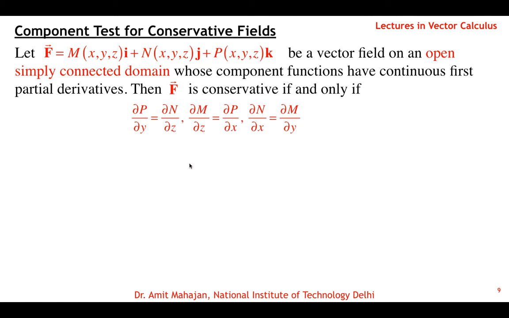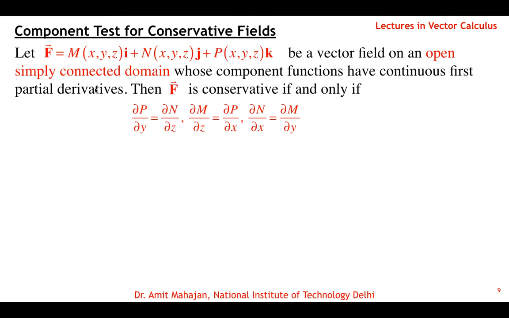The proof of this is simple. If the field is conservative, we know it can be written as the gradient of a function, that is, the partial derivative of some scalar function with x i cap plus the partial derivative with y j cap plus the partial derivative with z k cap.